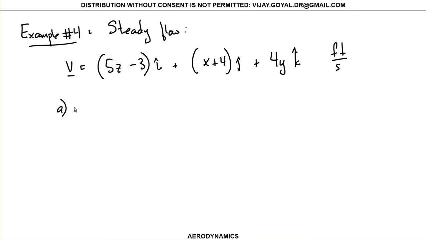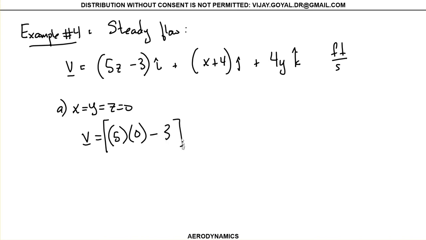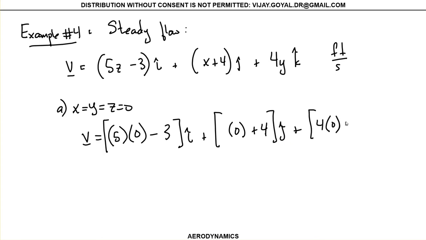The first question is, give me the speed at my initial condition when I actually start everything. Z is equal to 0. My starting point, so the velocity I basically take is 5 times 0 minus 3 i plus x is 0 plus 4 j plus 4 times 0 k.